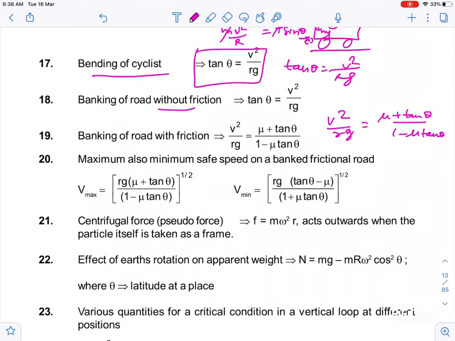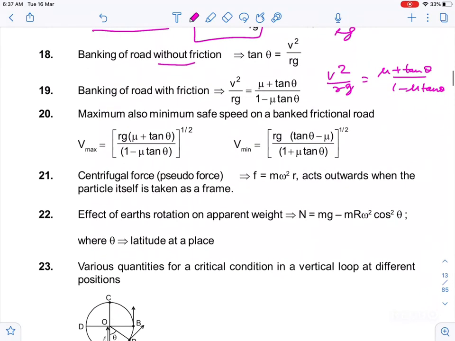You can remember this as the tan A plus tan B formula: mu is tan A, tan theta is tan B, so tan A plus tan B upon 1 minus tan A tan B. Now the maximum and minimum, this is the SC Verma portion we have taken.